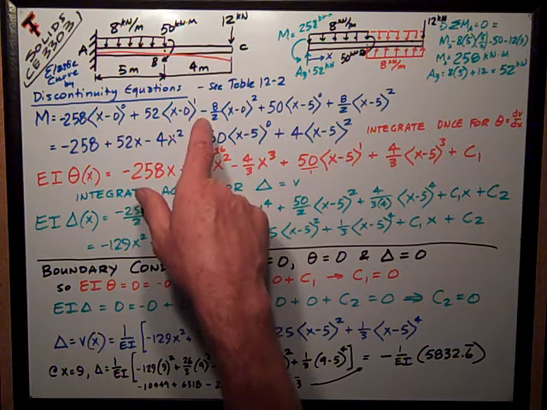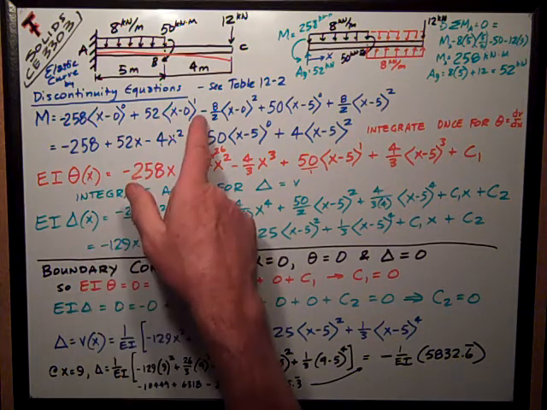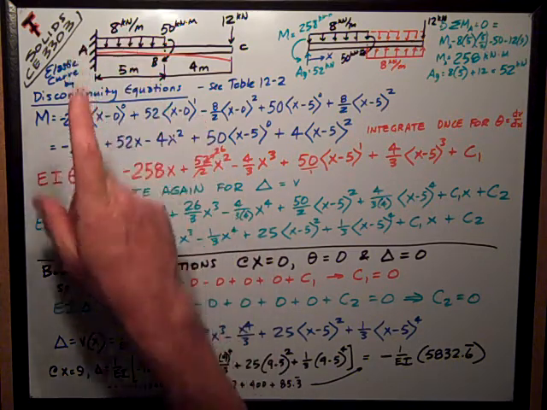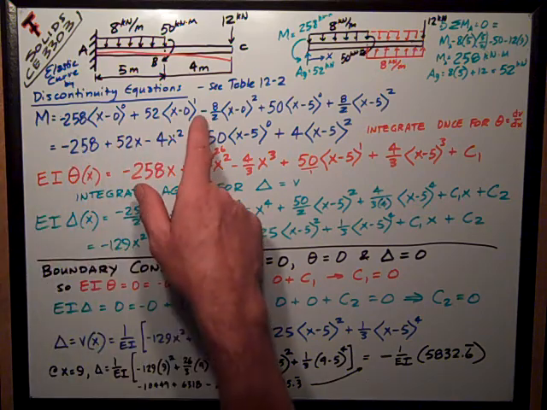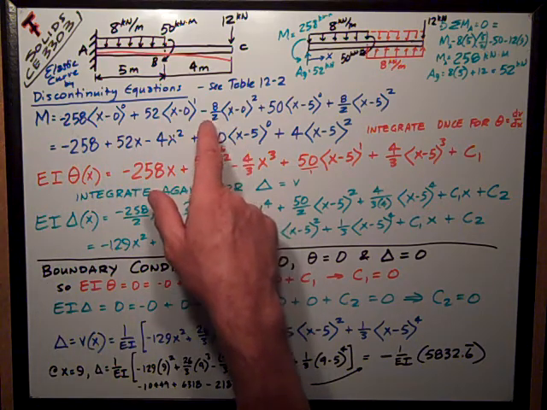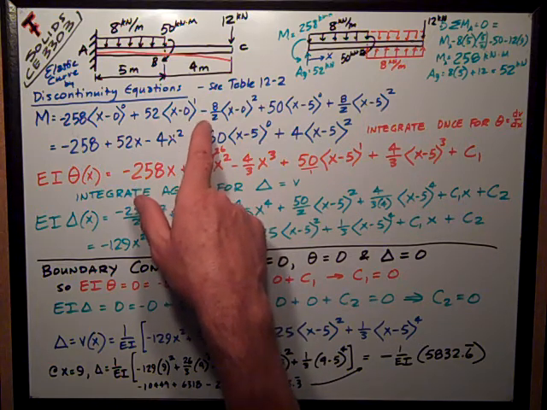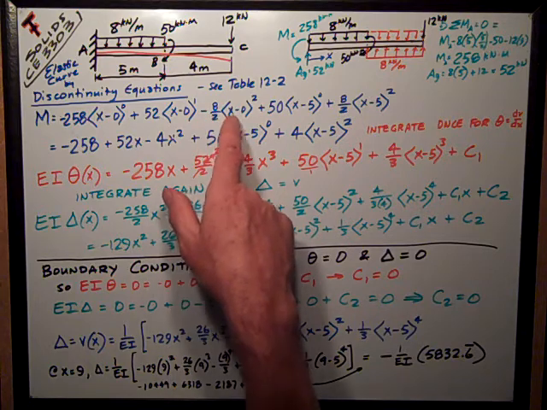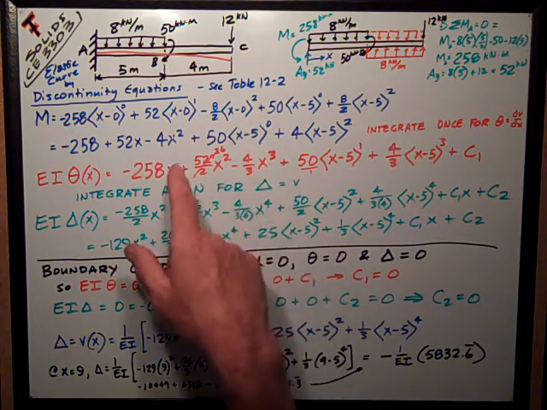So the expression for the moment created by that discontinuity function is negative because it's downward, because the sign convention in the book shows upward loads are positive. It's w0 over 2, so it's 8 over 2, angle bracket x minus 0, a is 0, to the second power.